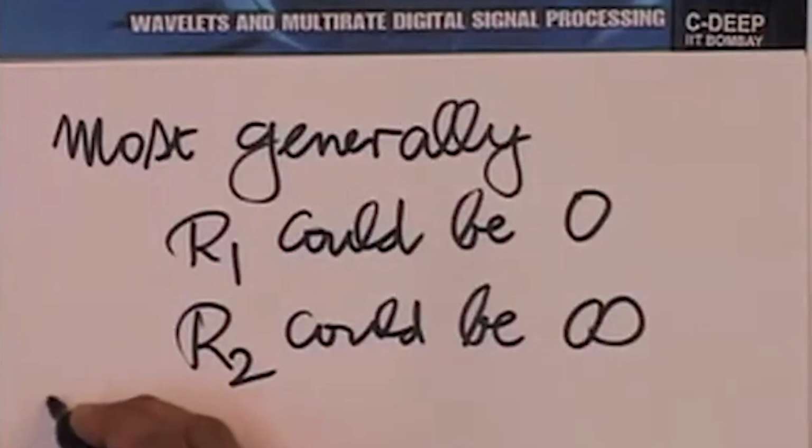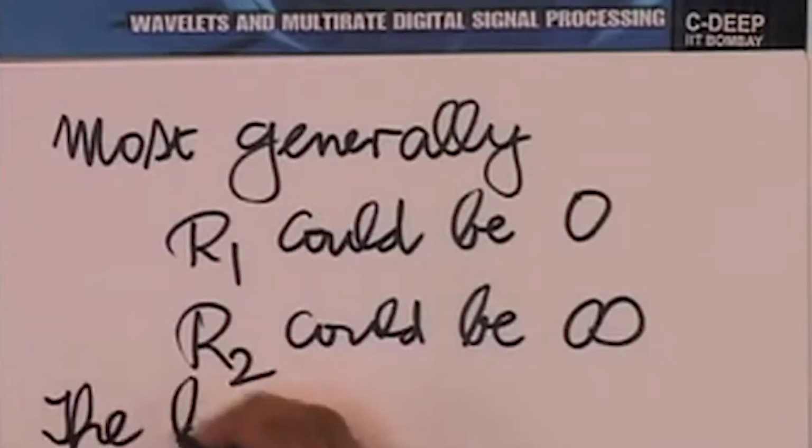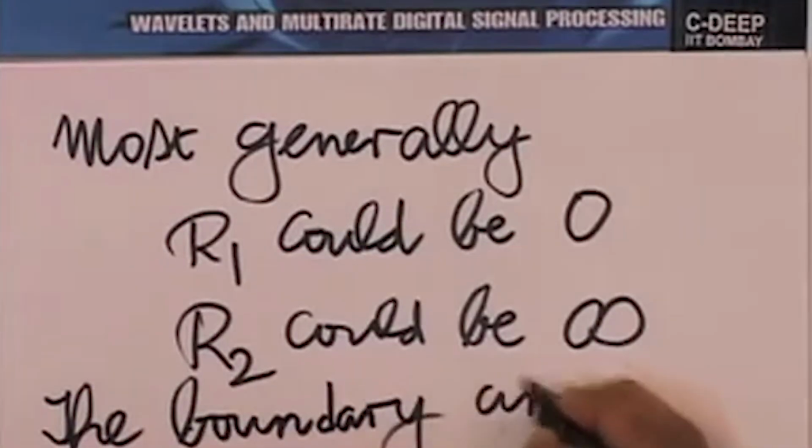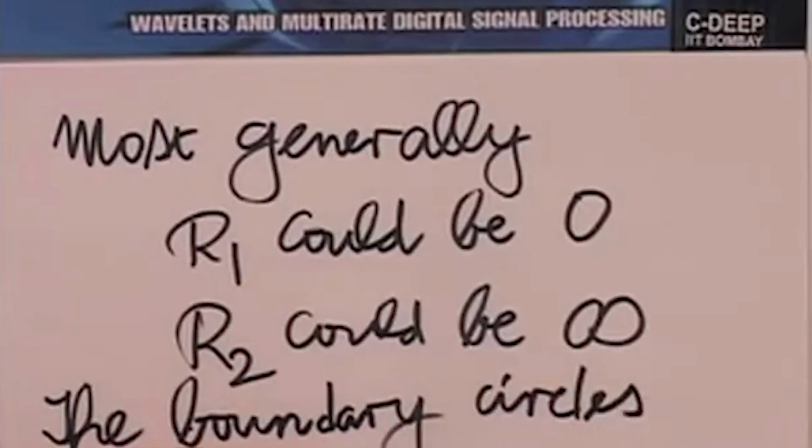Moreover, the boundaries may or may not be included. The boundary circles may be included or excluded. In fact, if these values R1 and R2 are non-zero and finite, most of the time the boundaries are excluded.